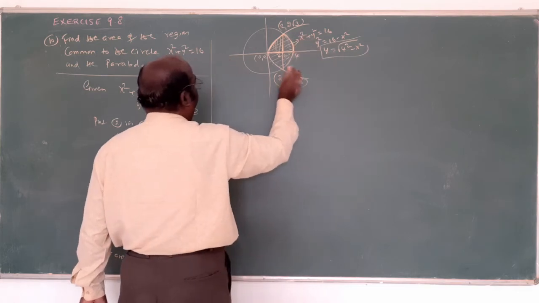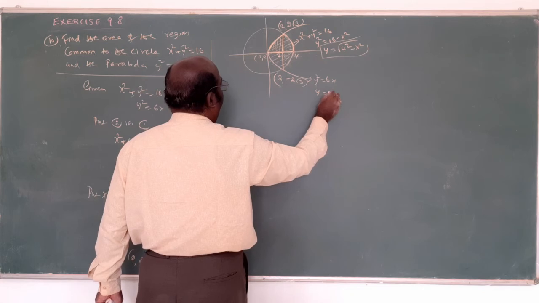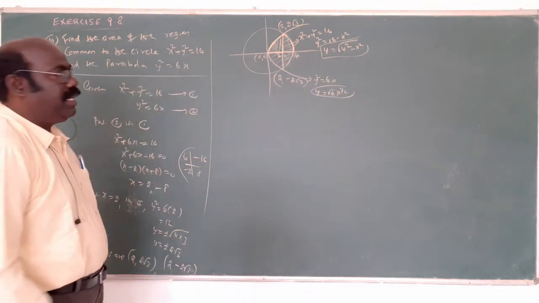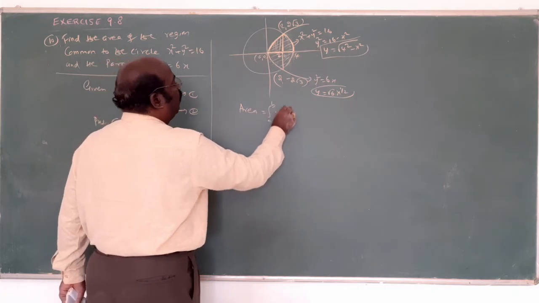The parabola is y square equals 6x, so y is root of 6 into x to the power half. Am I right? Here the area is only one area, a to b, y is the formula.